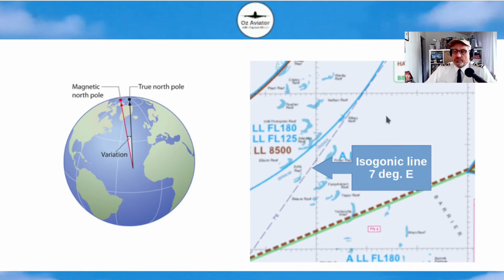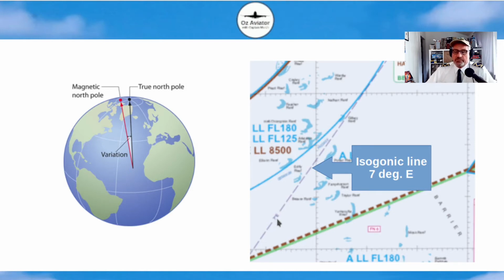How do you take this into account? If you look at the map, you'll learn to do this in navigation. But on most maps, you'll see a line drawn in this way, which is called an isogonic line. The isogonic line will have a reference on it.